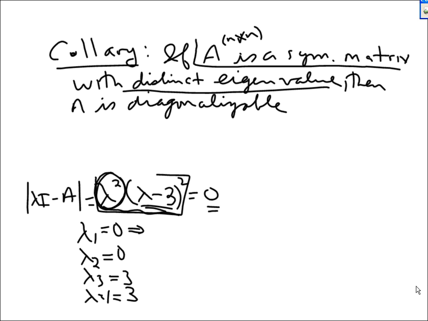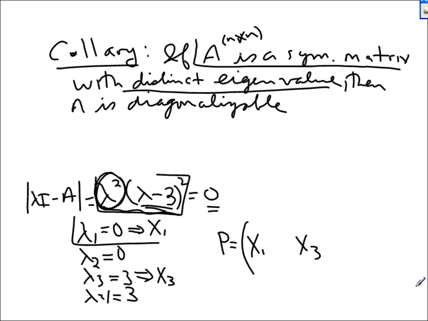So if you found an eigenvector associated with lambda equal to 0, call it x1, and you found an eigenvector, call it x3, for lambda equals 3, when you go to find a matrix P for diagonalization, you just can't put x1 and x3, because it's a fourth degree polynomial. You have to put 4 of them.